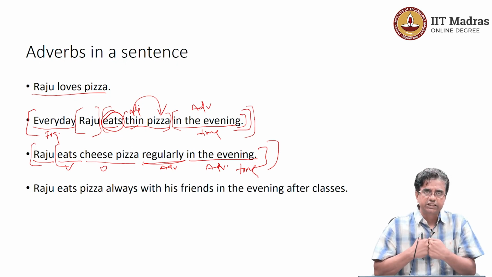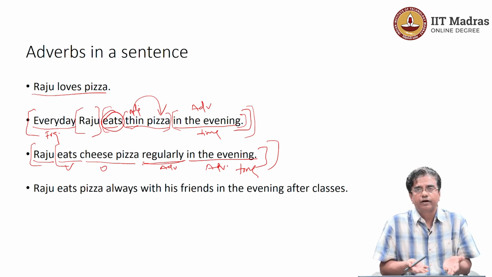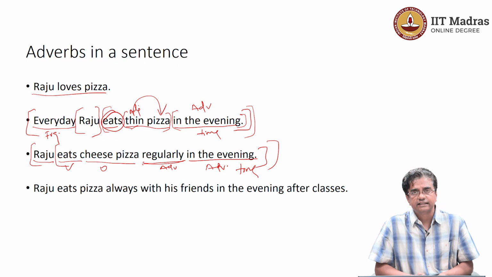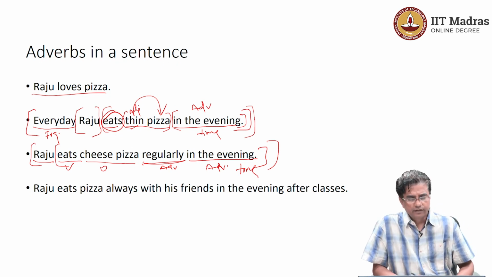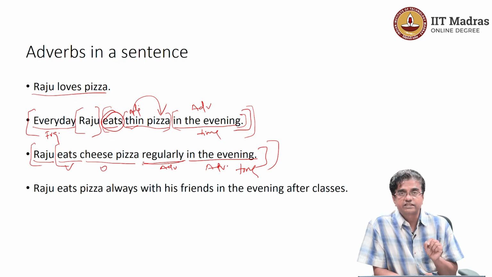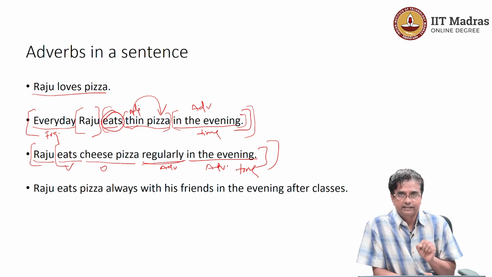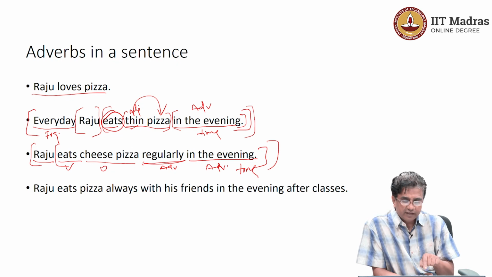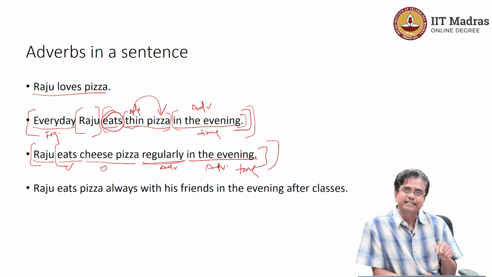We can go into the details, and this becomes apparent here if you look at different parts of a sentence with clarity. You can extend your understanding that when we say regularly, it's not just about eating.